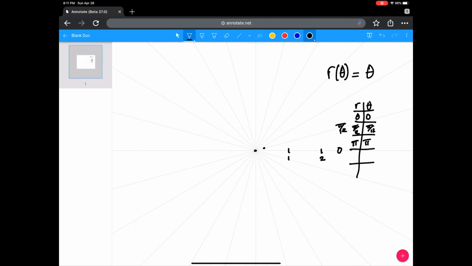If I go over to pi over 6, that would basically be twice as far out and twice the angle. So I'm going up to here. So here's pi over 6, and then I'm going to go out 2 radial marks, because 3.14159 divided by 6 is a little bit more than a half.